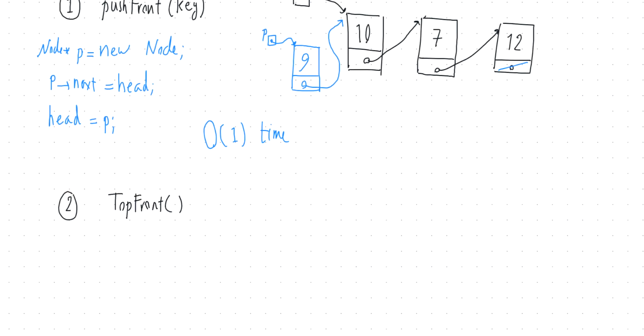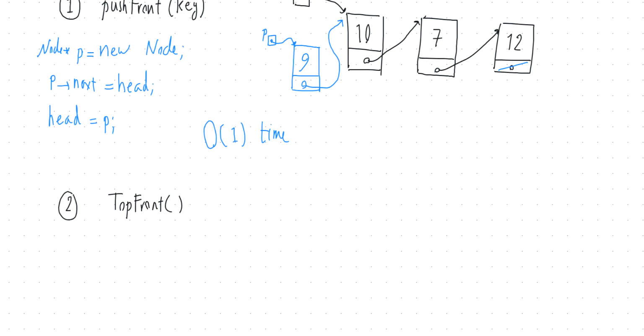Usually top, it depends. In some programming languages, they're implemented a little bit differently, but usually top returns the top element, the first element, and pop removes the first element without returning anything. But sometimes pop removes as well, but top returns the first value without changing the data structure, okay?